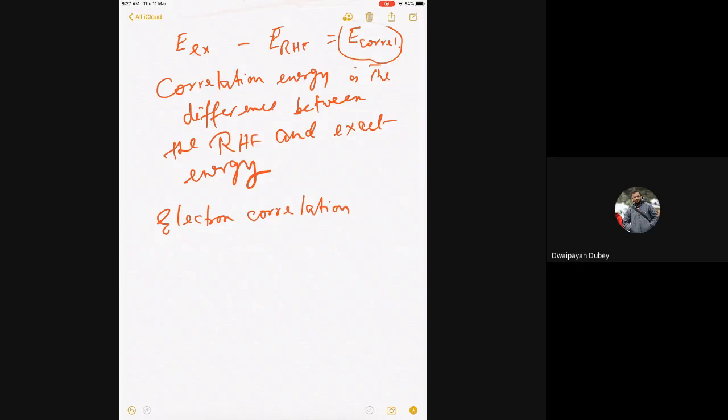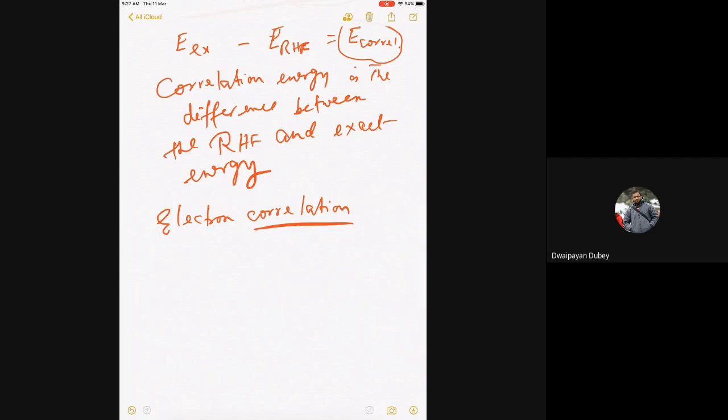Why is it called electron correlation? If you think, what was the problem in Hartree-Fock? That we made an approximation of the two particle part, right? Because the two particle part was not a separable one particle part, but we had to do a separation because we wanted a single determinant. And then the two particle part was actually done by averaging. If you remember the Hartree-Fock, a Coulomb and an exchange Fock operators and averaging. But that is not the true two particle part.